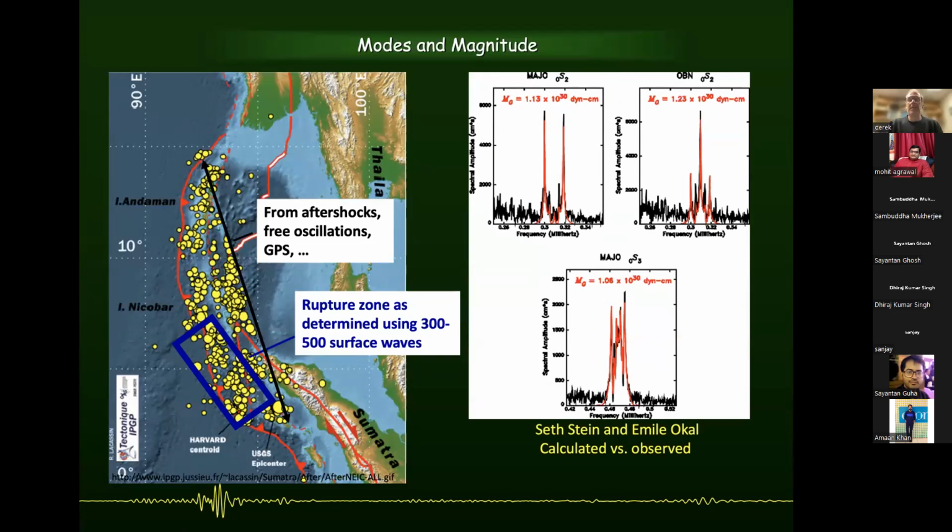And they did this by measuring the frequency of different normal modes. So this is S with L equals 2 and N equals 0 at seismometer MAGO. And they calculated the amplitude and the frequency of this normal mode.